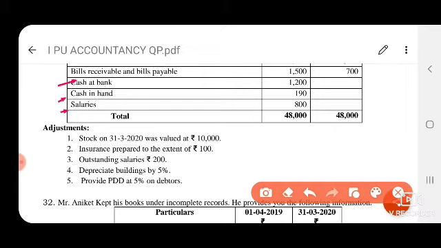Salaries PL account. So trial balance items should be entered only in one place. The assets and liabilities given in the trial balance go to balance sheet. Direct expenses should be recorded in trading account. Indirect expenses should be recorded in profit and loss account. Now complete the adjustment part.